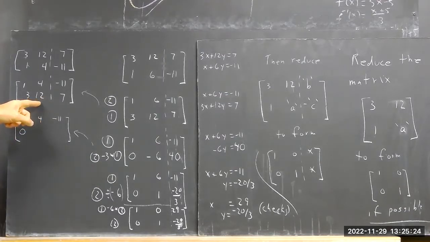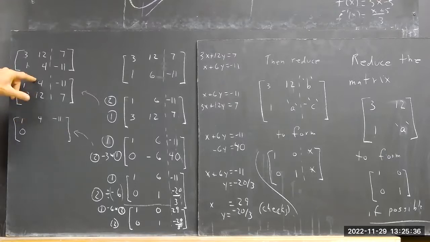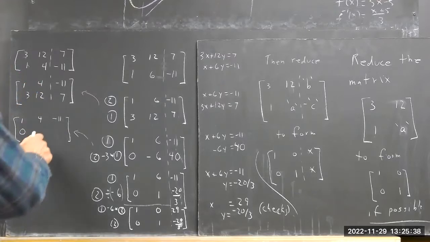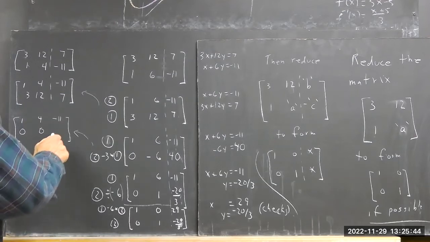Again, 12 minus 3 times 4 gives a 0. Okay. Negative 3 times 4 is negative 12. 12 minus 12 is 0. So it gives us a 0 here. And then, of course, it gives us the 40.